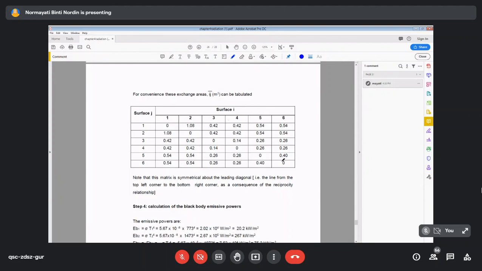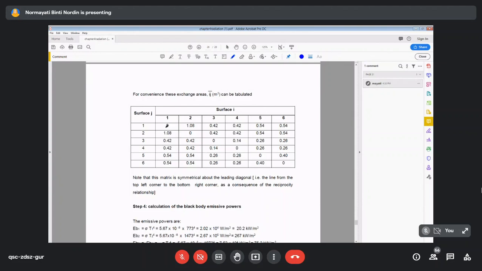So kalau tengok ni kan, so this symmetrical pattern, how to say, is resulted from reciprocity relationship that we have when we are solving all the exchange area. Okay, dia as a result of reciprocity rules yang kita dah apply.